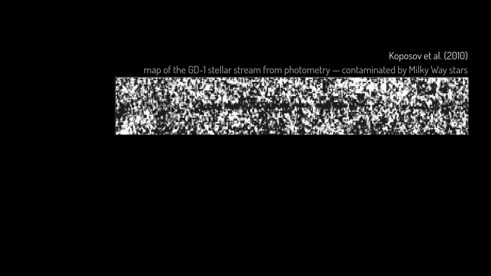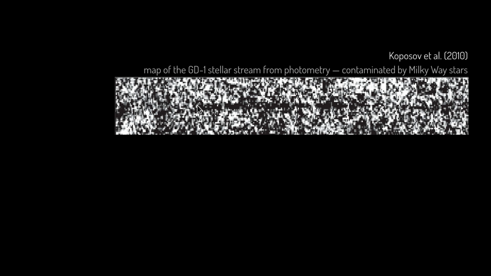And so this is a sky view, in sky coordinates oriented along the direction of the stream. You can see the overdense region along the center of the panel, and the higher density is the darker color.